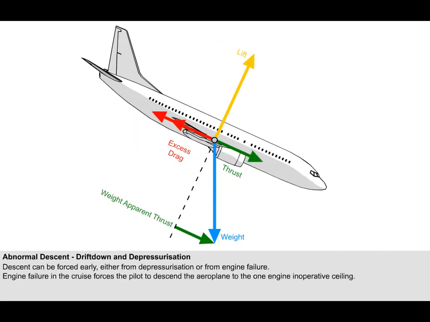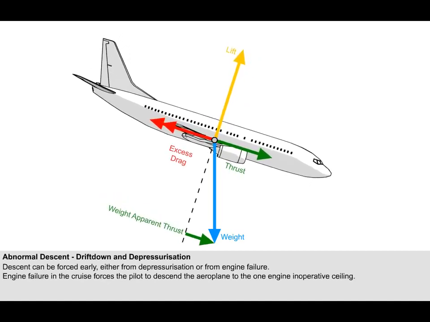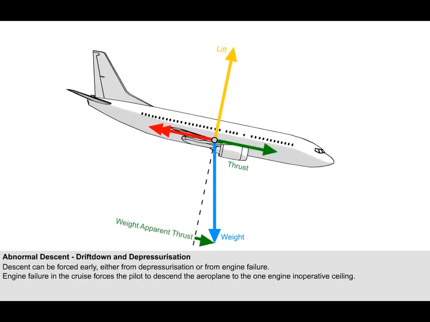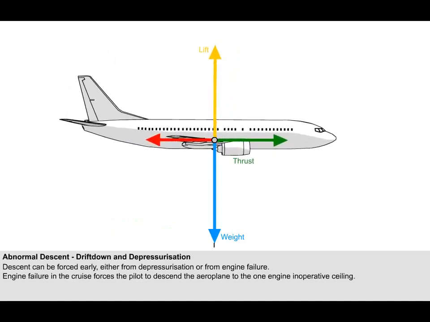As the aeroplane descends into the lower atmosphere, where density is greater, the remaining engine can develop more thrust, which will mean that weight apparent thrust can be slowly reduced until an altitude is reached where the remaining engine generates enough thrust to balance drag. At this altitude, the aeroplane can level off, as shown.